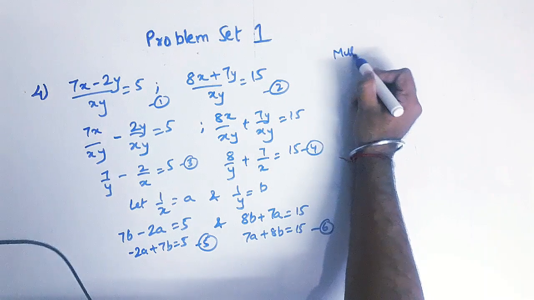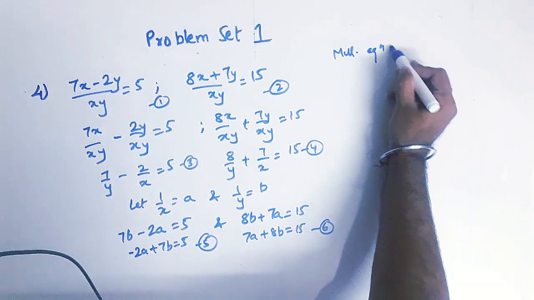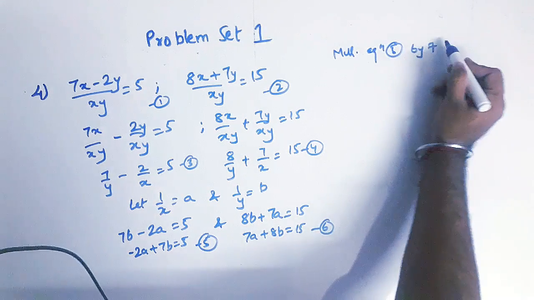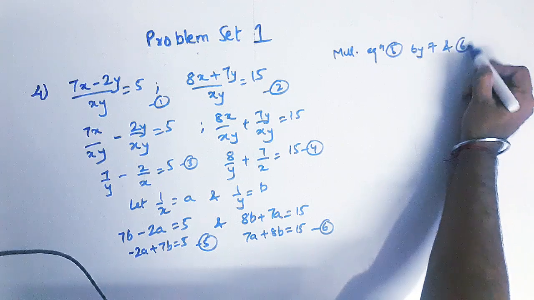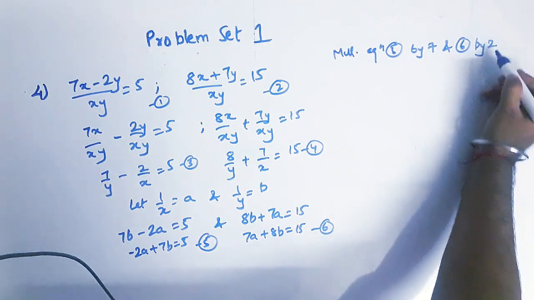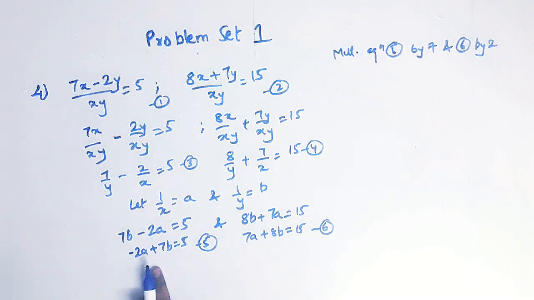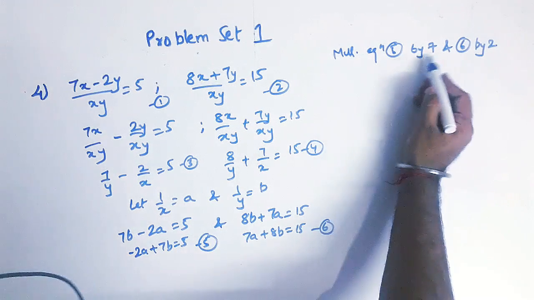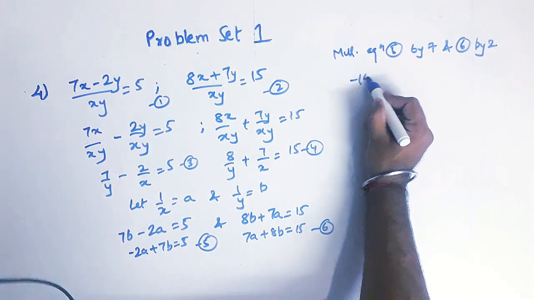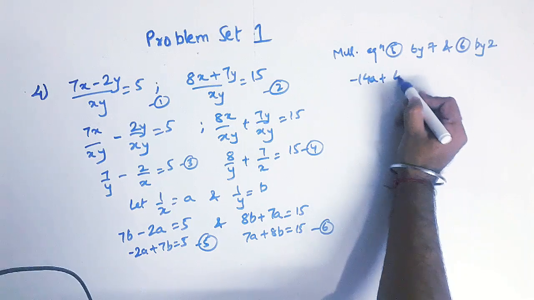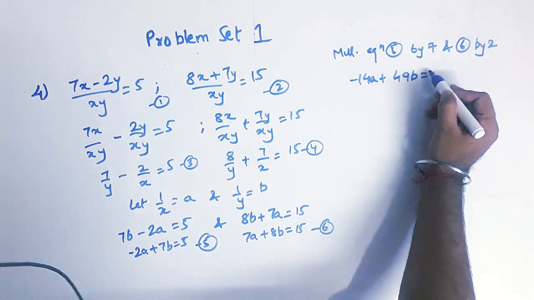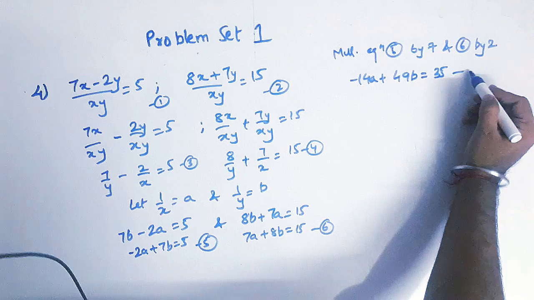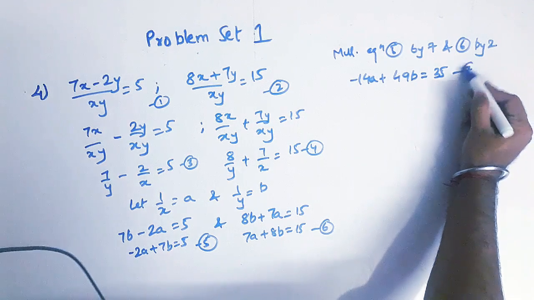If we multiply this by 7, this will become minus 14a plus 49b equals to 35. This is the new equation, 7th one.